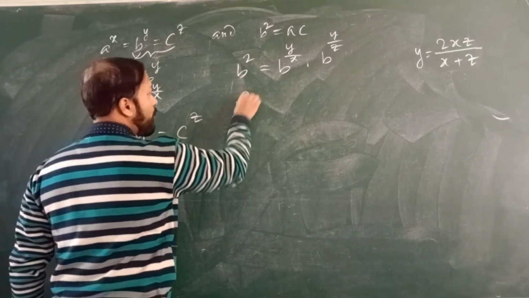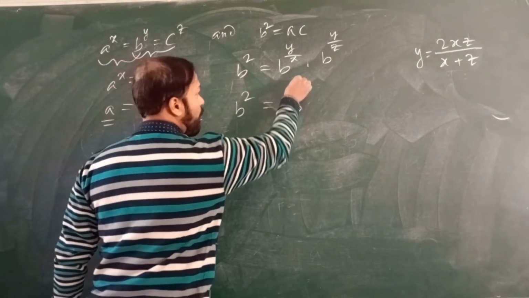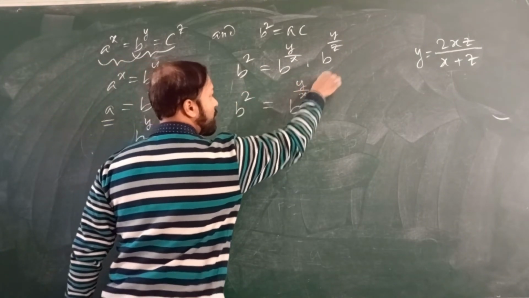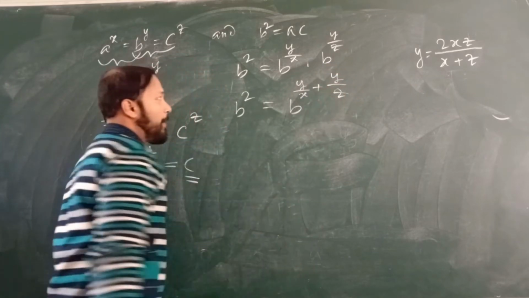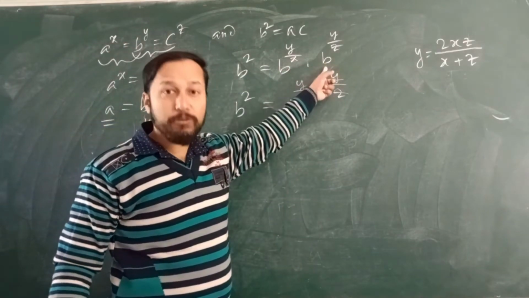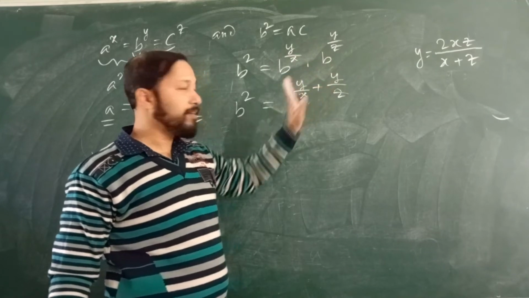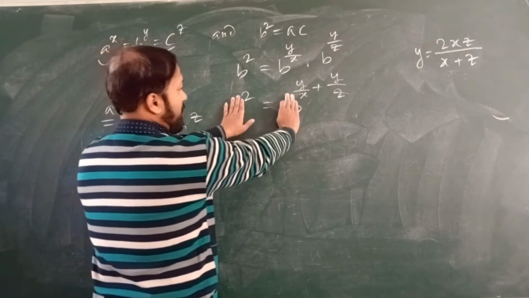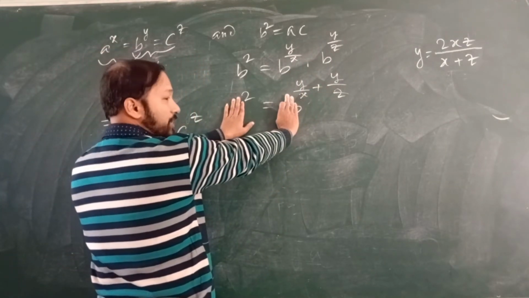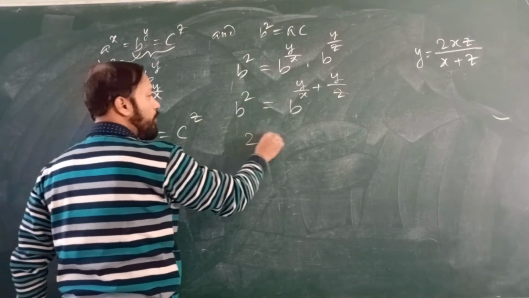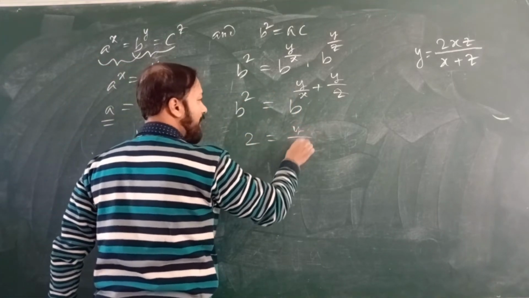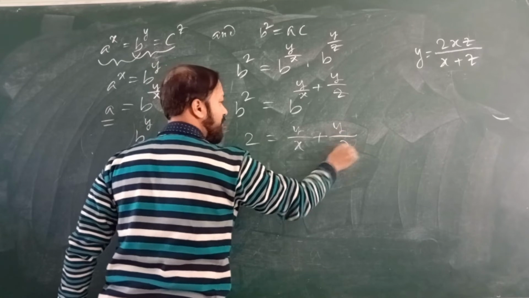Fine. b to the power 2 equal to b to the power y by x plus y by z, because the bases are the same, that is b, so powers will be added. Now base cancelled. So what is left? 2 equal to y by x plus y by z.